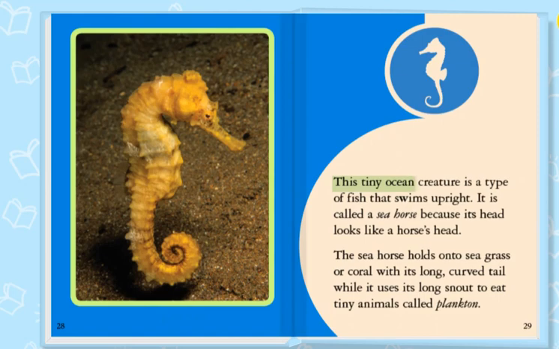This tiny ocean creature is a type of fish that swims upright. It is called a seahorse because its head looks like a horse's head. The seahorse holds onto seagrass or coral with its long curved tail, while it uses its long snout to eat tiny animals called plankton.